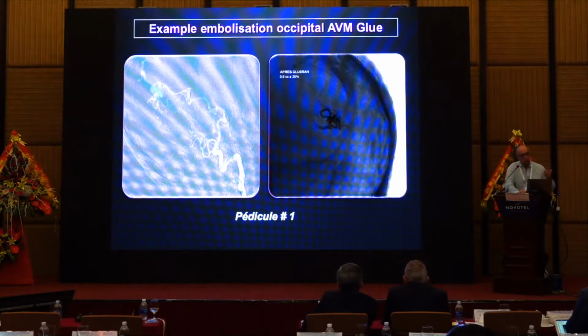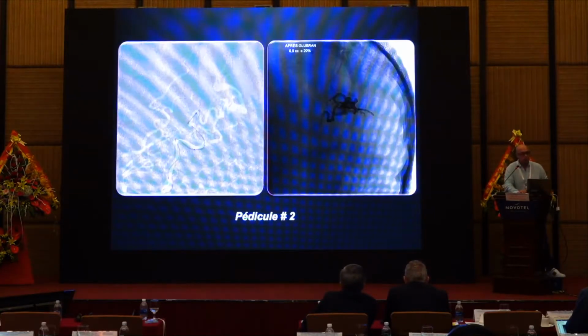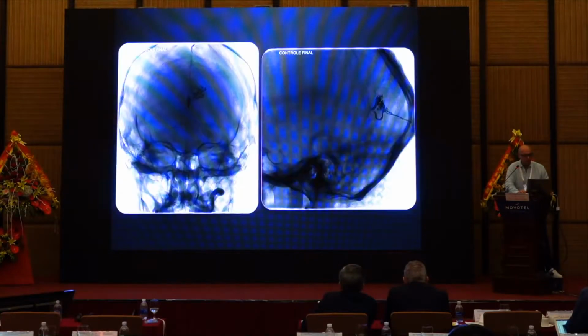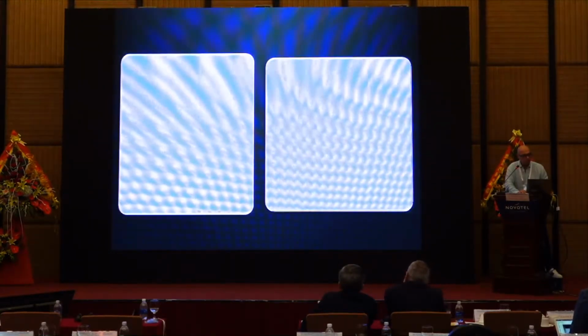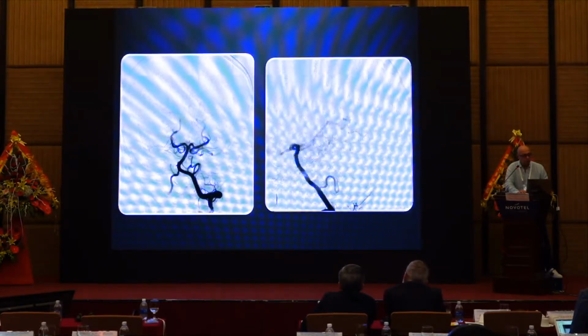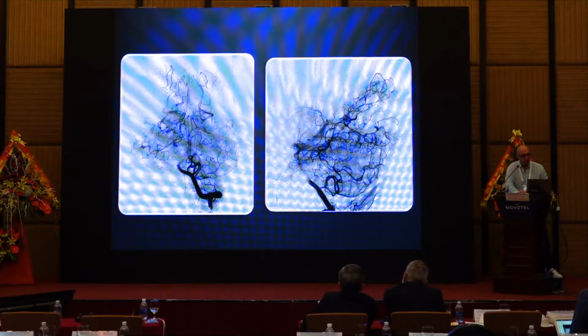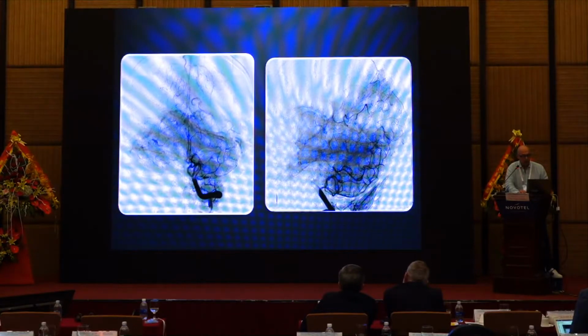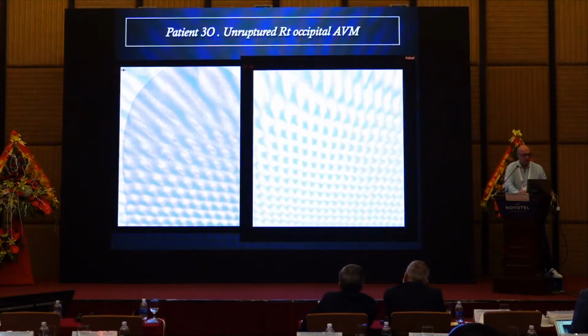We prefer to do one-third glue, like 30% concentration, because this allows you to penetrate very well inside the nidus of the AVM. This is the result at the end of the injection, with the AP and lateral view, with complete resection of this AVM.